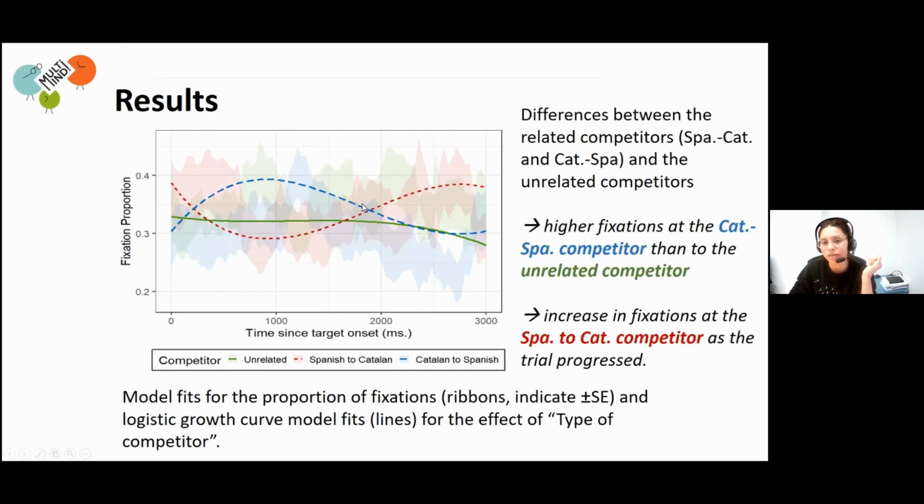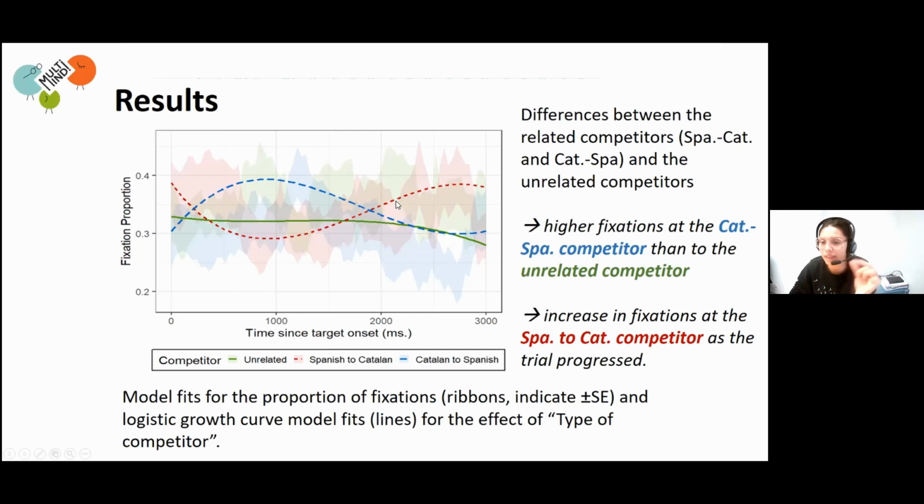In this case, the picture of the glass, given the phonological overlap at the onset. If we remember, the target was bulke, which sounds similar to vaso. So they looked first to the picture of the glass, but later, as the trial progressed, they looked more to the Spanish to Catalan competitor. In this case, the picture of the ham.